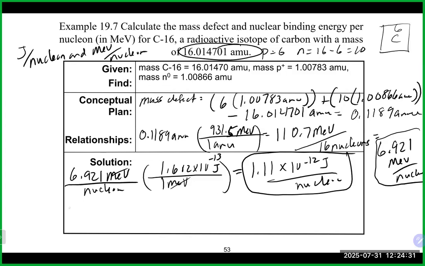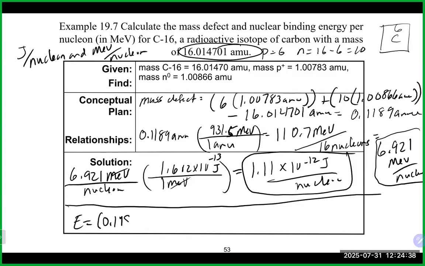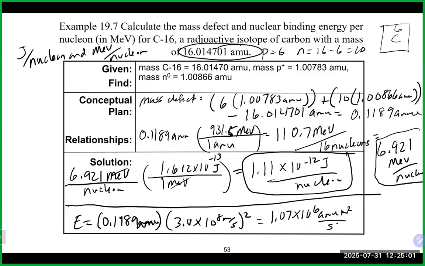So, for example, if you're going to go the other way, E would be equal to 0.1189 AMU times 3 times 10 to the 8 meters per second, squared. I'll try not to screw it up this time. There we go. 0.1189 gets you 1.07 times 10 to the 16 AMU meters squared per second squared.